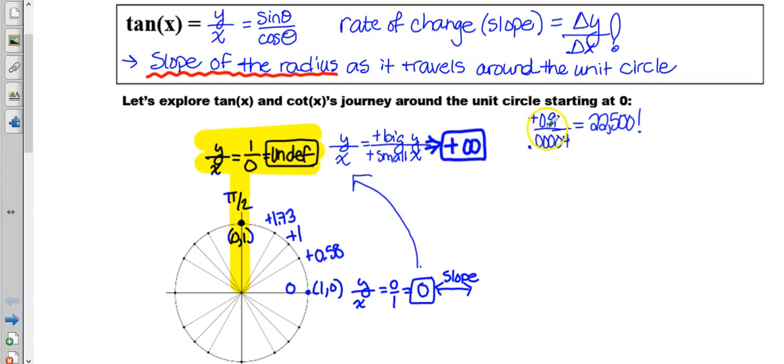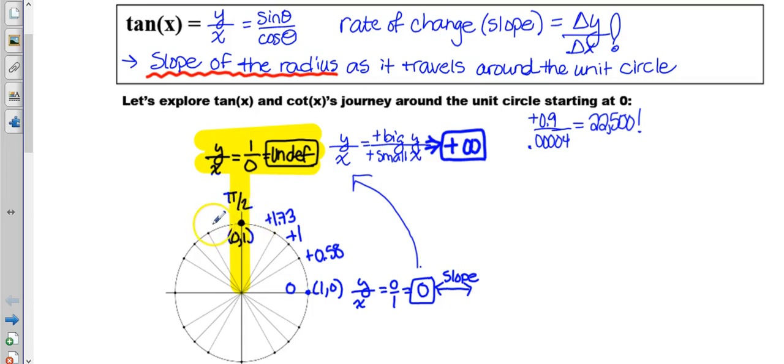And when we looked at positive 0.9 divided by a positive 0.00004, right? Because x is positive and y is positive in quadrant 1. Look how big of a number that was, 22,500. And so these tangents, as I approach this value, are going to get infinitely large towards positive infinity.